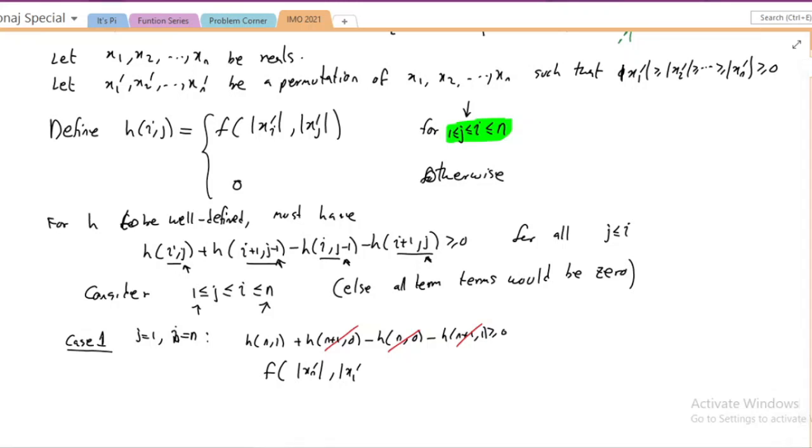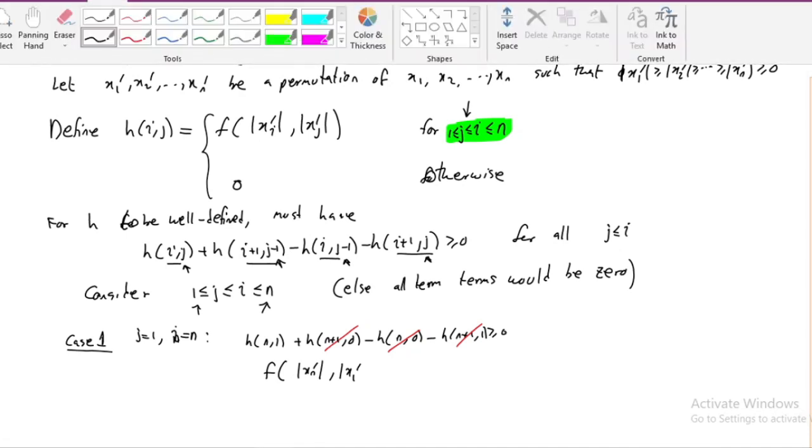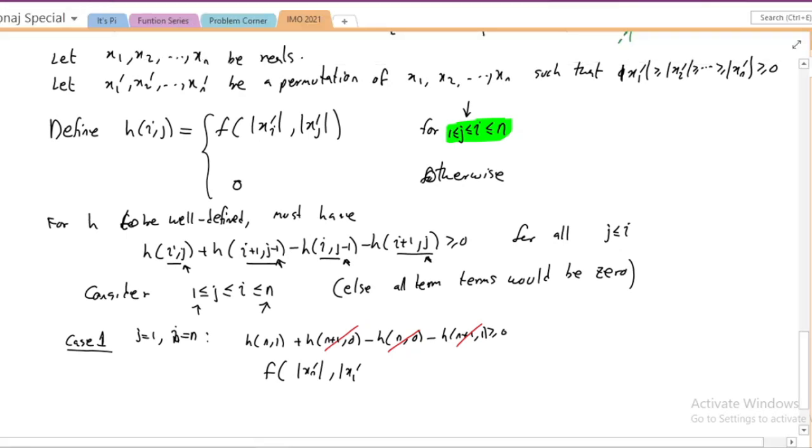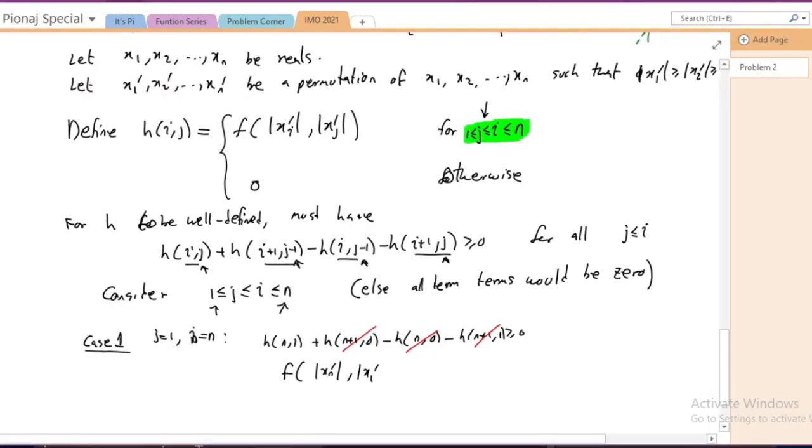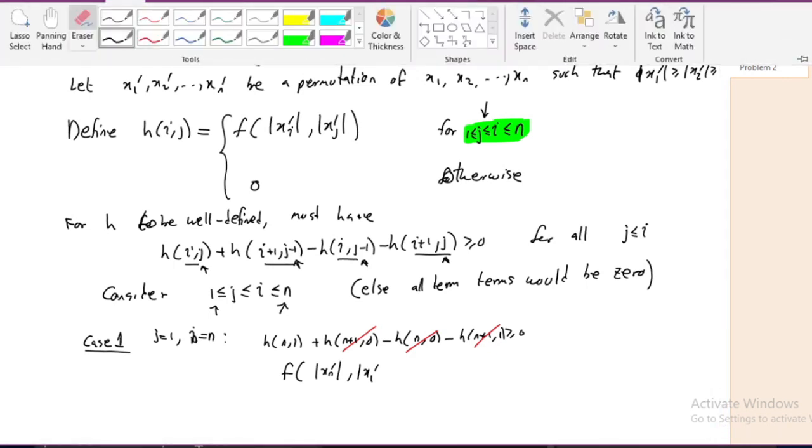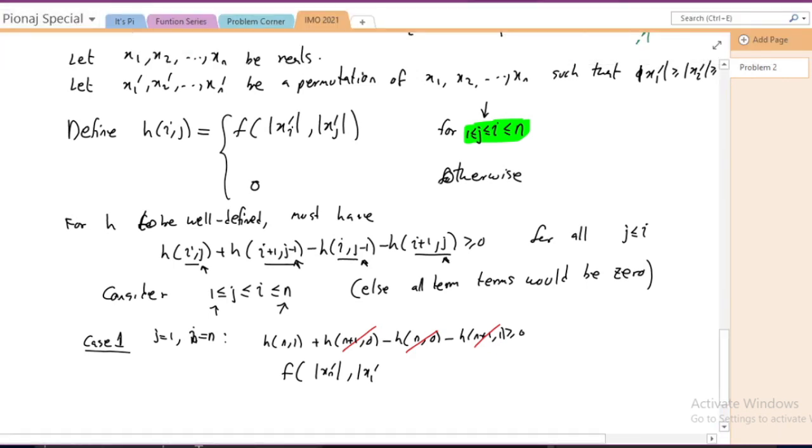Okay, sorry, I think I made a mistake somewhere above when we reordered these terms.